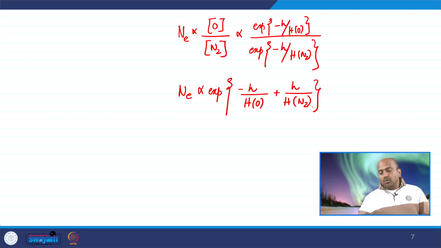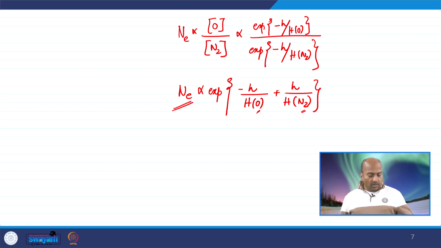Let us say if these two species have the same scale height, I mean we have a trivial solution, but it is not, because their molecular weights, their masses, are not the same, right. So, which means that the number of electrons is varying with respect to height like this. It depends with a negative exponential decay on oxygen density and N2 density positive, right.